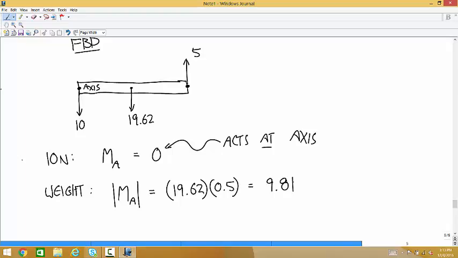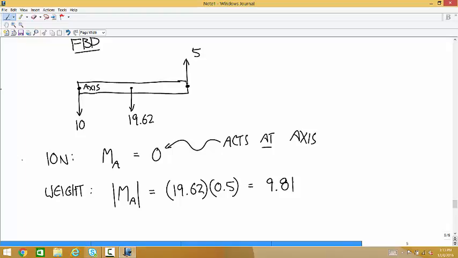So 9.81. And then if that was the only force acting, and this is the axis, would this force make it rotate counterclockwise or clockwise? Clockwise, right. So this is the axis, so if you applied a force like that, it would make it swing around like this. You see that? And so it's negative.